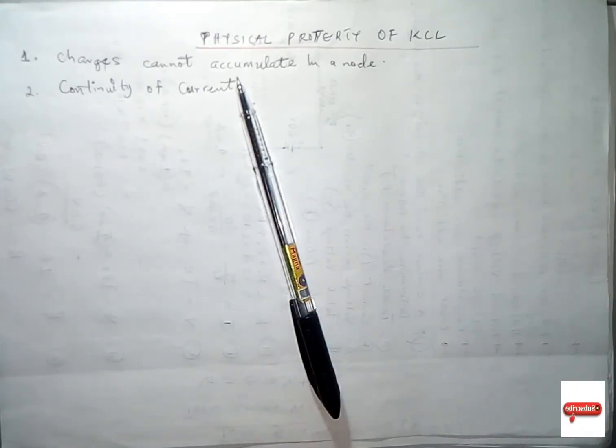Before we quickly move away from that, let's look at some methods or procedures to solve complicated problems under KCL. Though we are not going to apply that in this lesson, we are going to apply it in our next lesson.